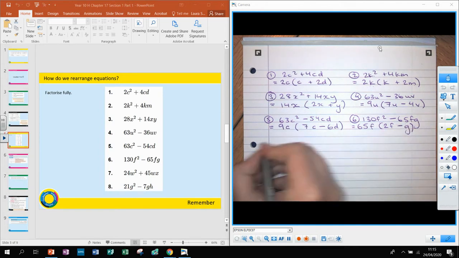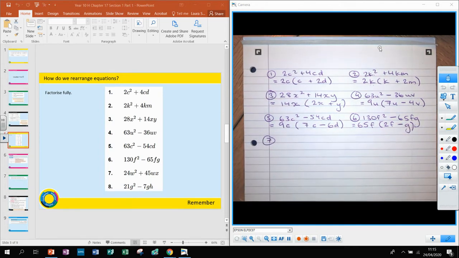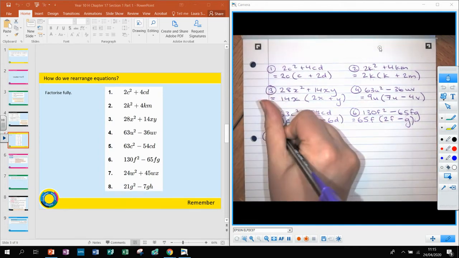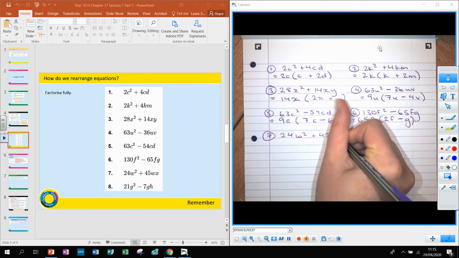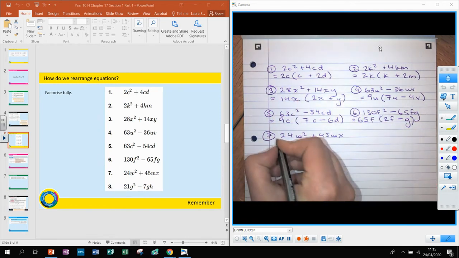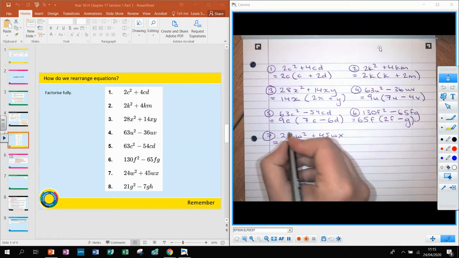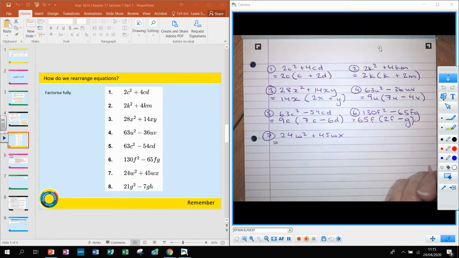All right, and question 7, we had 24w squared plus 45wx. Okay, and that is going to give us highest common factor there is 5, nope. 6, nope. 3, it looks like.